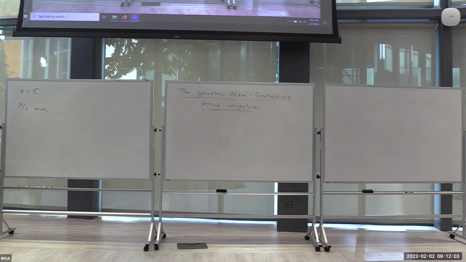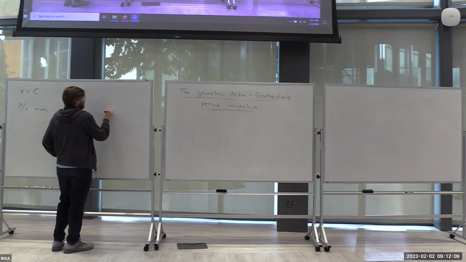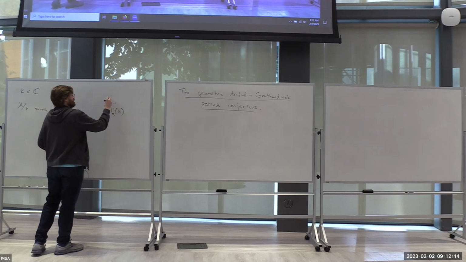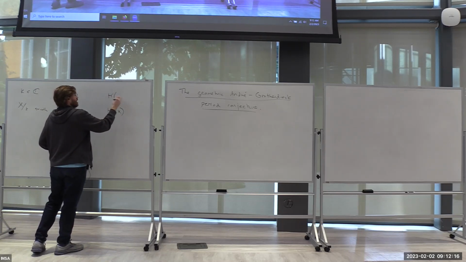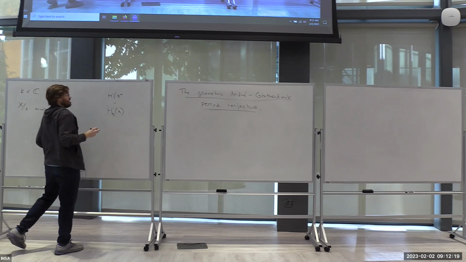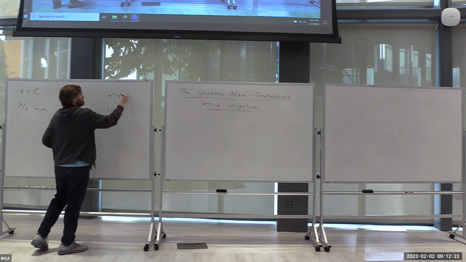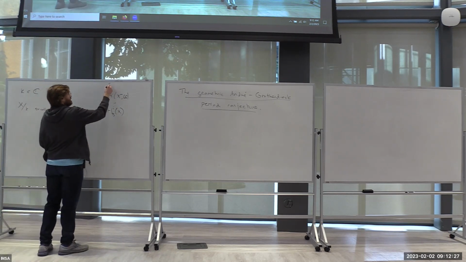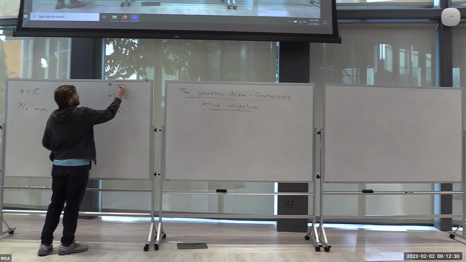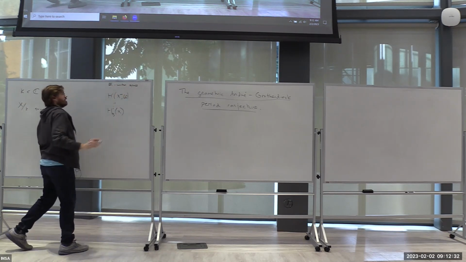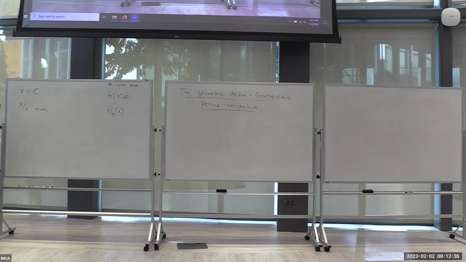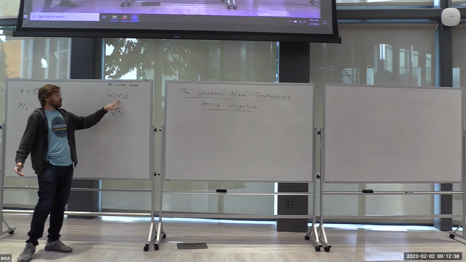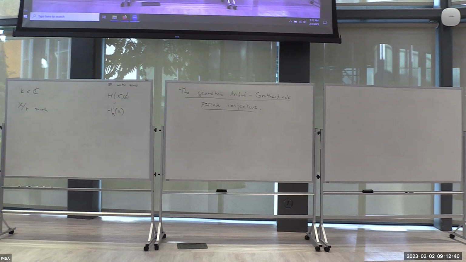There are two natural cohomology groups we can associate to X. The first is Betti cohomology, by which I just mean H^i of the complex analytification of X with Q coefficients, the usual singular cohomology group. This is a Q vector space, the Q vector space of Q-forms on topological cycles in X.